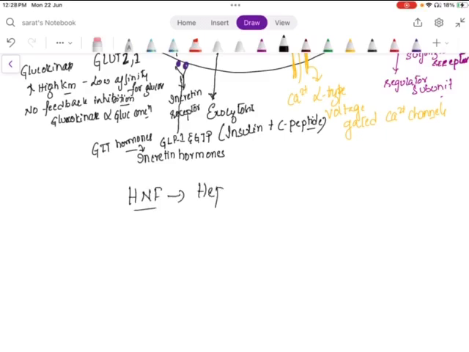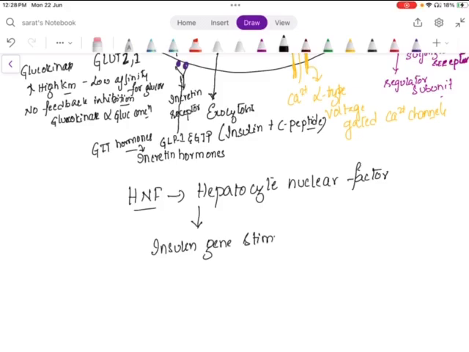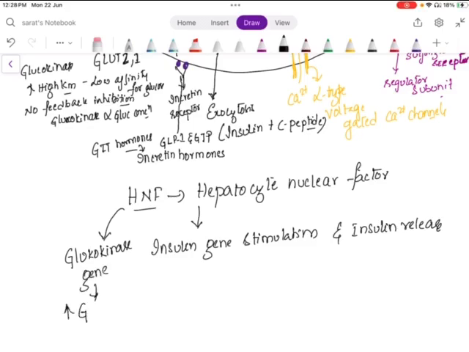Hepatocyte nuclear factor causes insulin gene stimulation and insulin release, and it causes glucokinase gene stimulation and increased glucokinase, and they upregulate GLUT2 transporters.